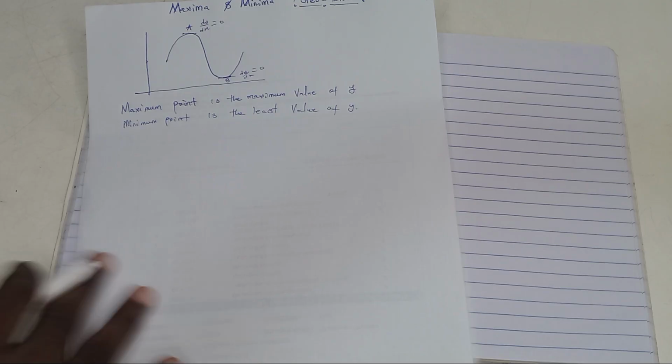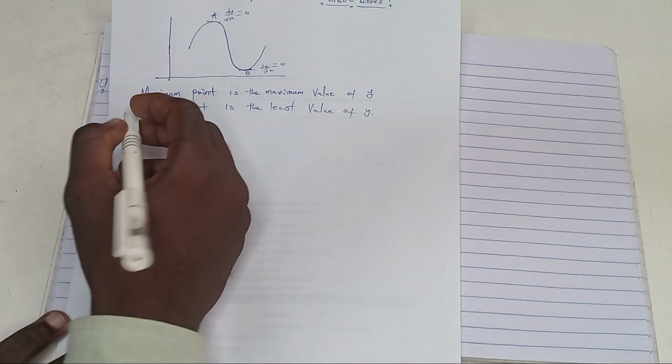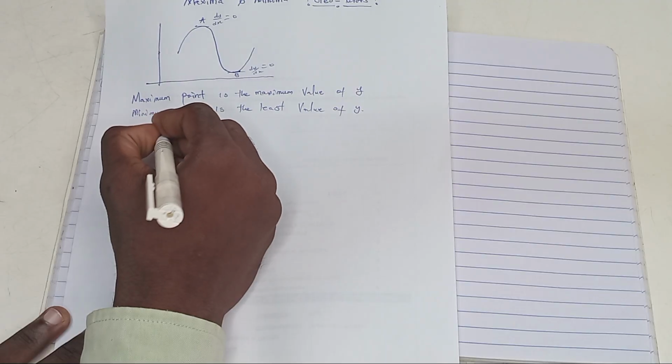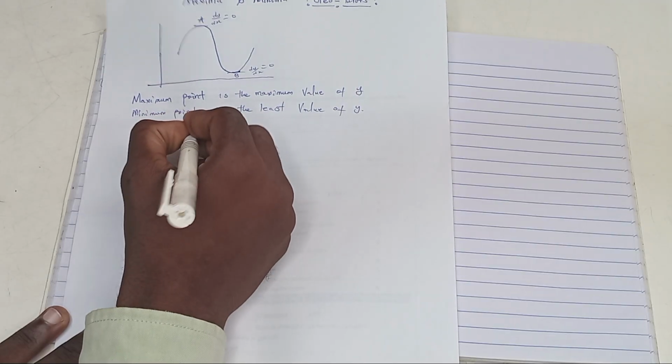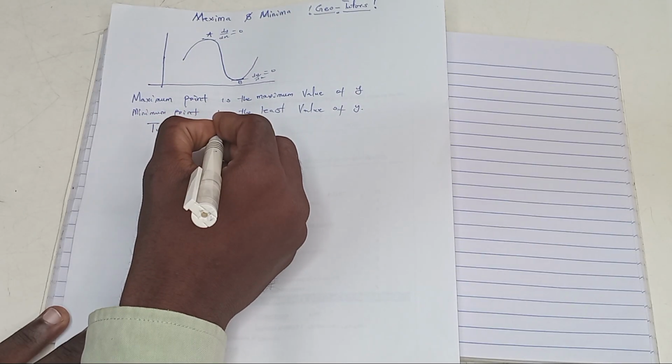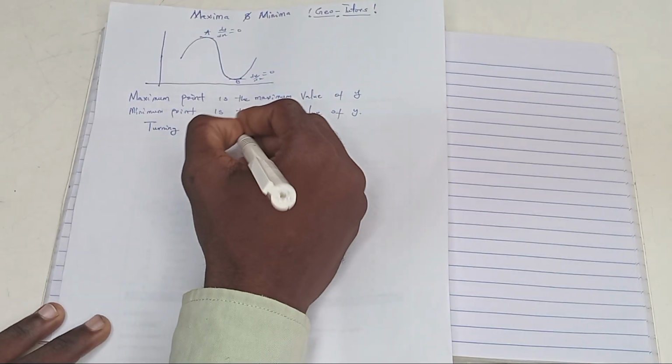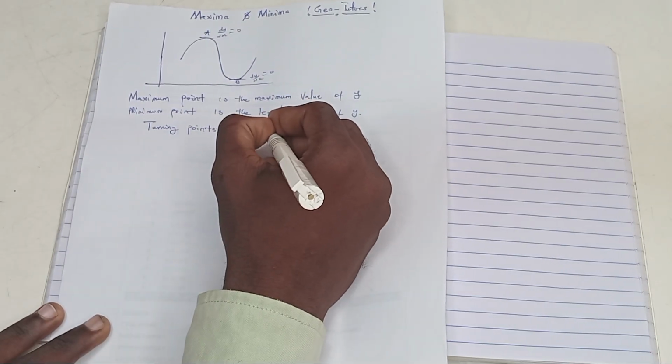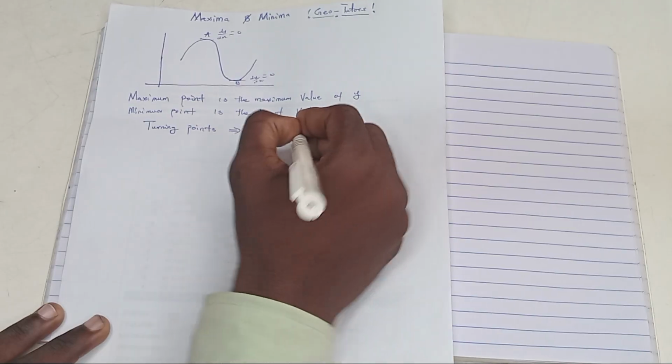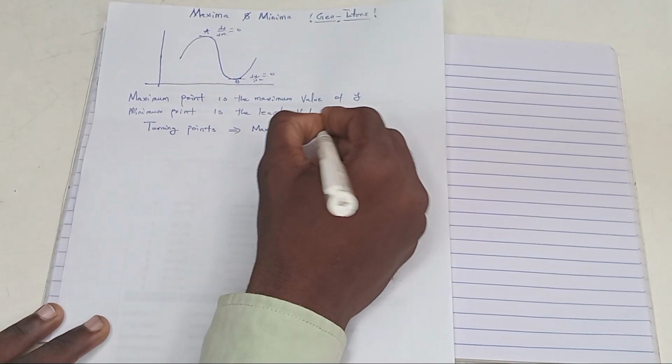So first, questions may come in this manner or direction where you are being required to find a turning point. A turning point refers to both your maximum and minimum point.